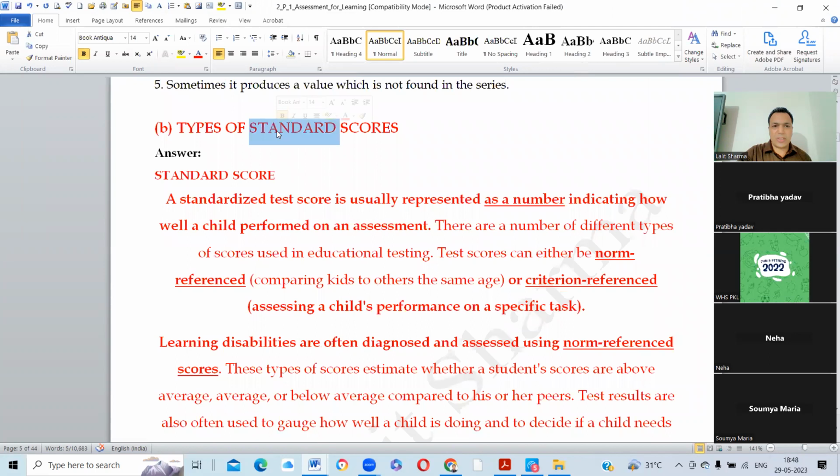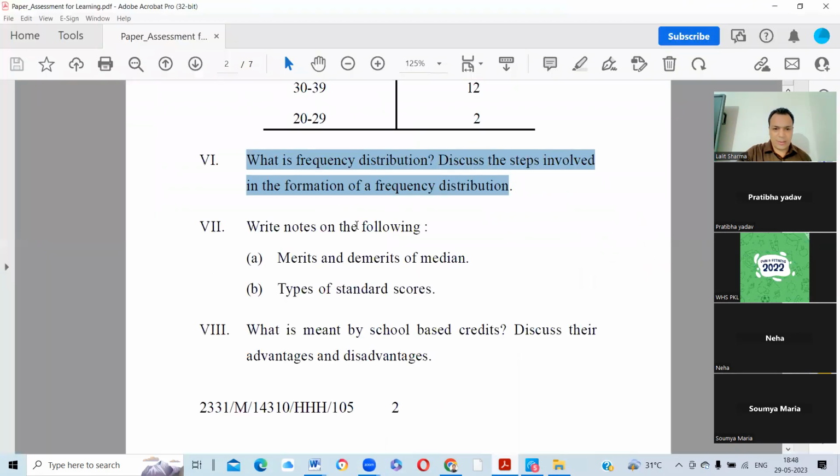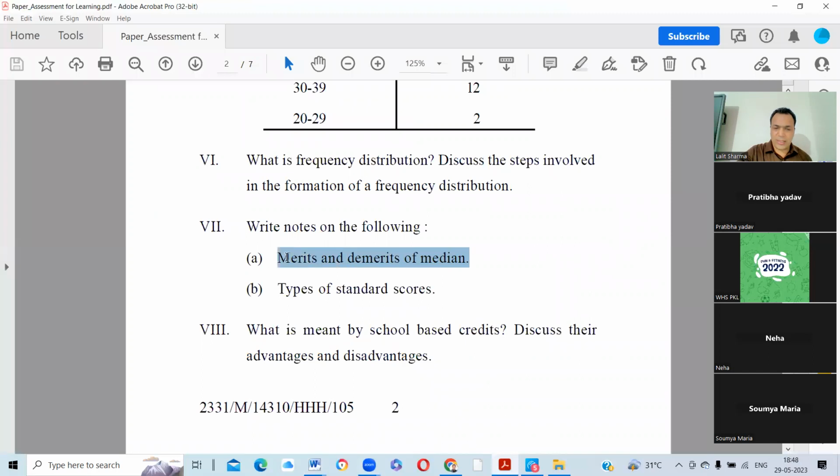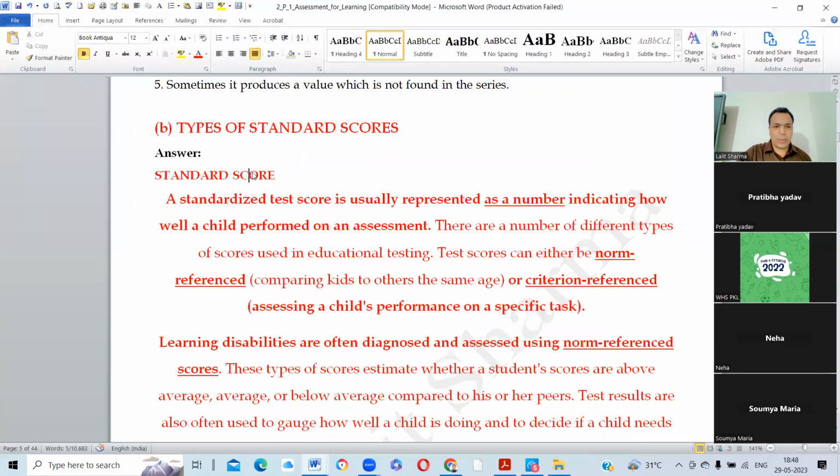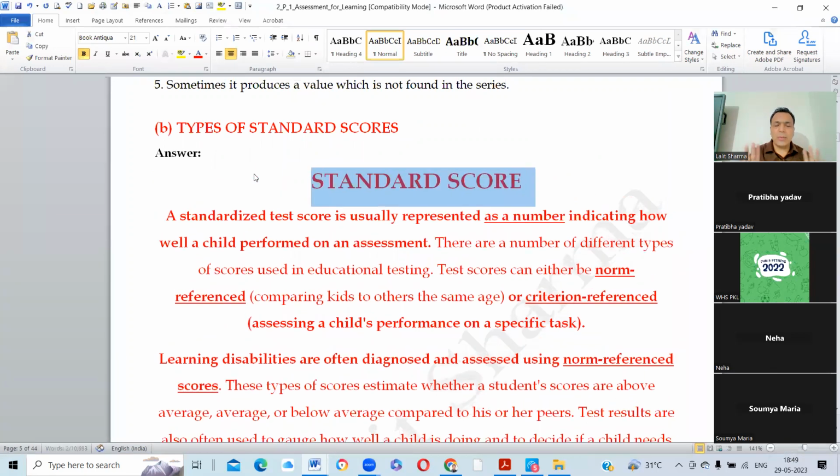Okay. The second question was standard score. You can see that. This we are done. Types of a standard score. So first of all, we should know about the standard score. Guys, here you have to remember what a standard score is. A standard score is basically a number.